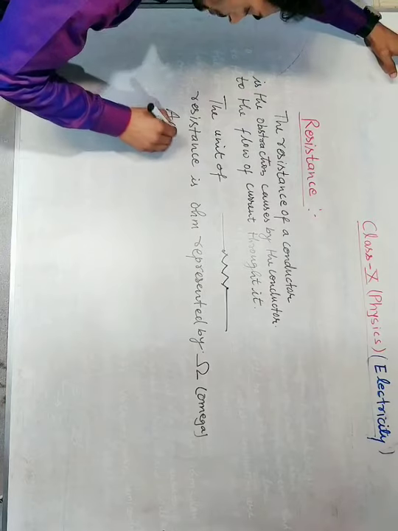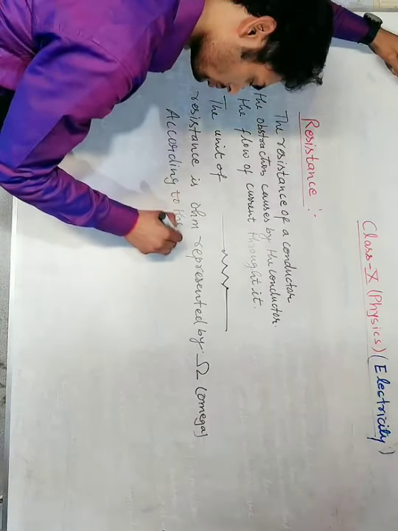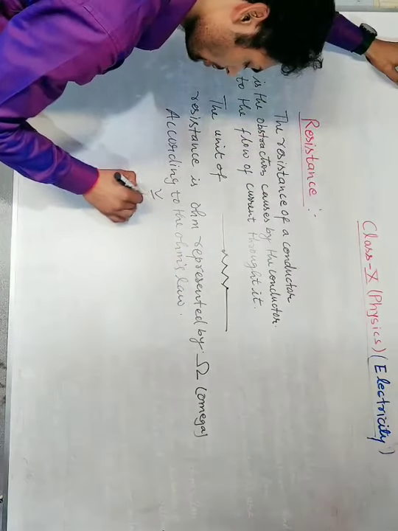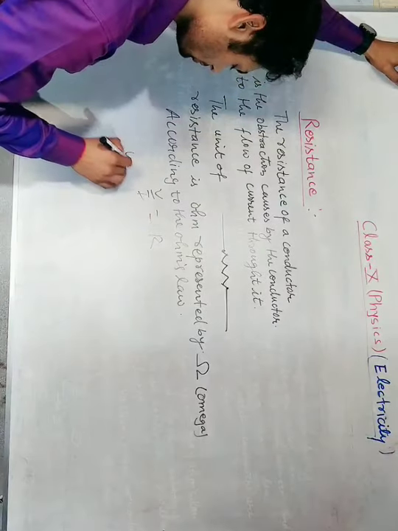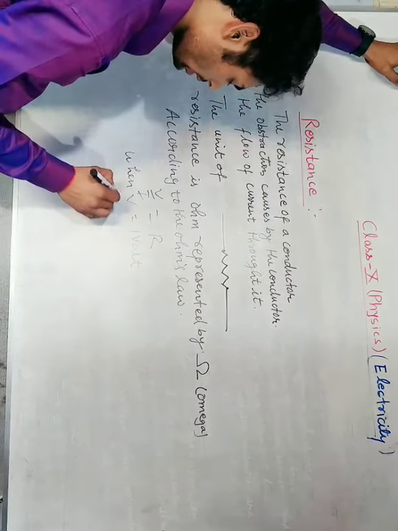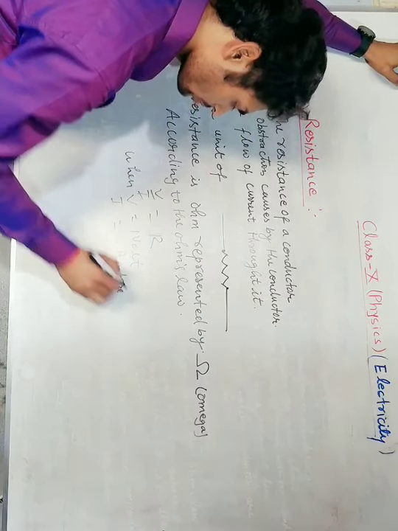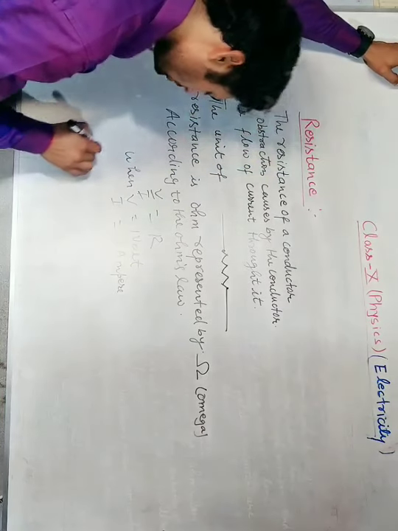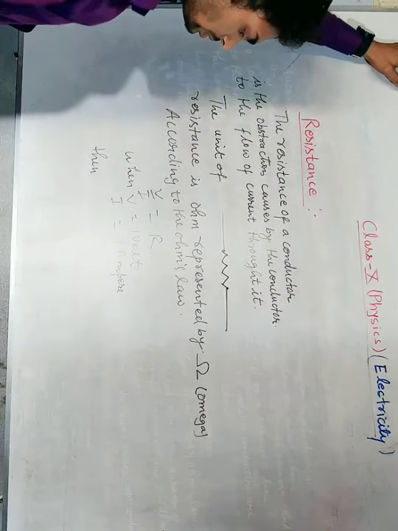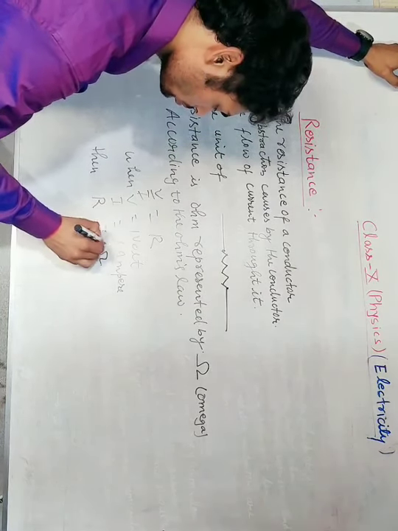According to Ohm's law, V upon I equals R. When V equals 1 volt and I equals 1 ampere, then resistance R equals 1 ohm.